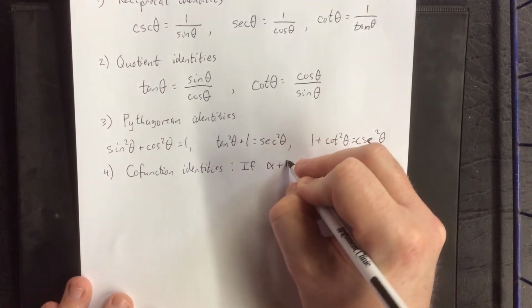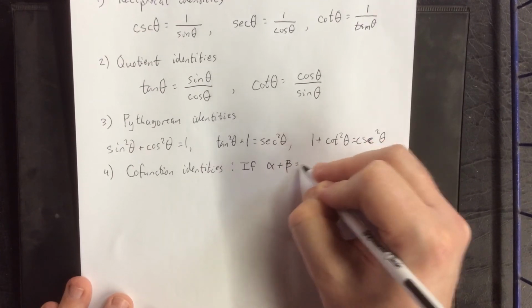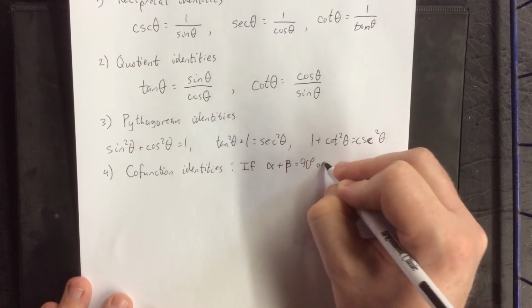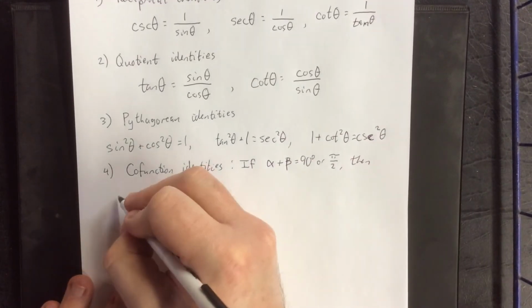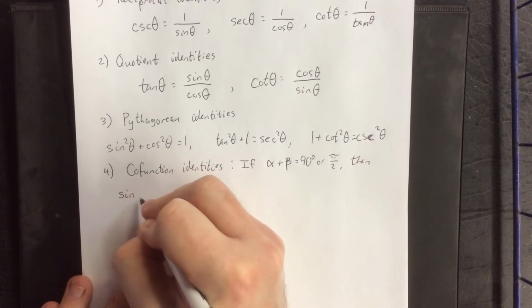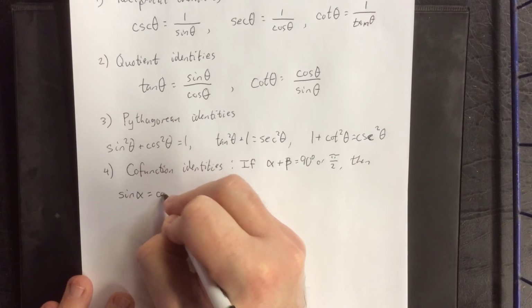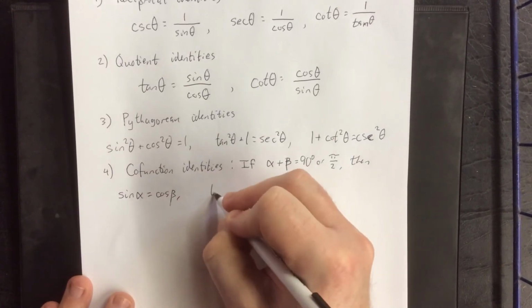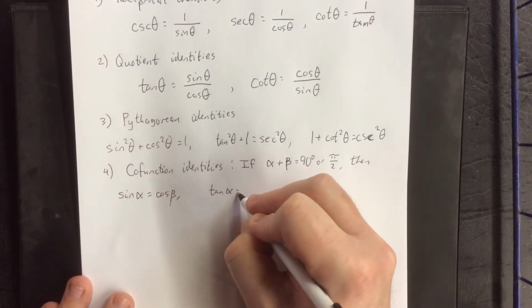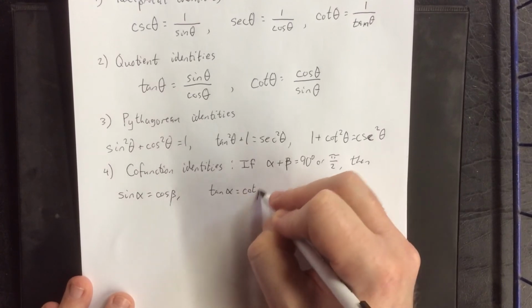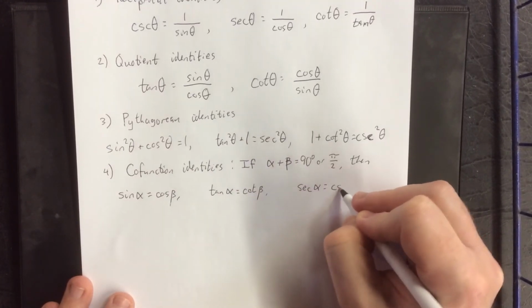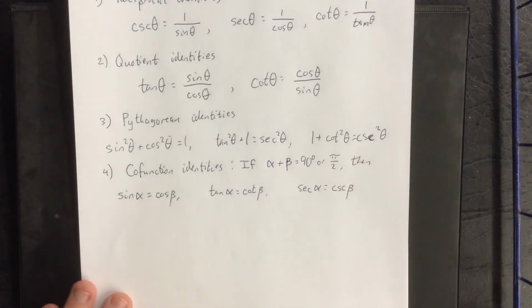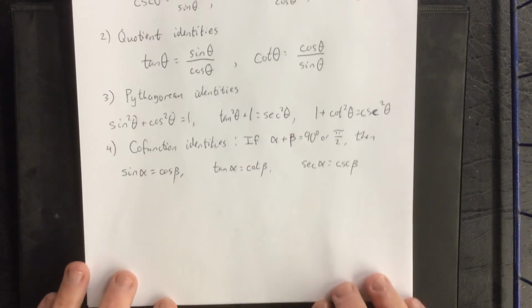If alpha plus beta is equal to 90 degrees, or pi over 2 radians, then the sine of alpha is equal to the cosine of beta. The tangent of alpha is equal to the cotangent of beta, and the secant of alpha is equal to the cosecant of beta.